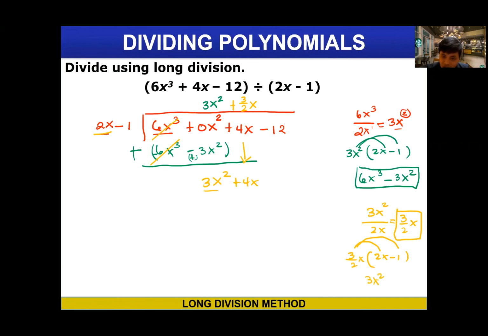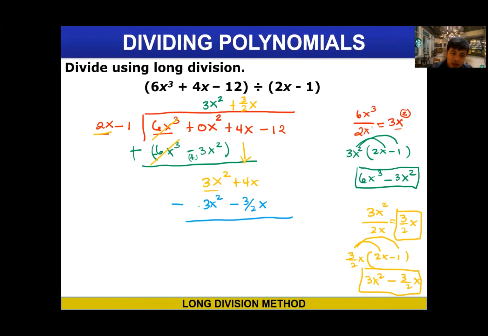And then 3 over 2 x times negative 1 is negative 3 over 2 x. Where are we going to place this? We're going to place that here: 3x squared minus 3 halves x.